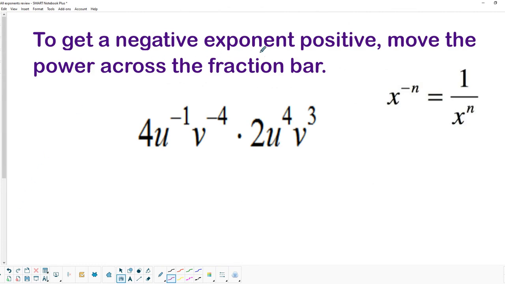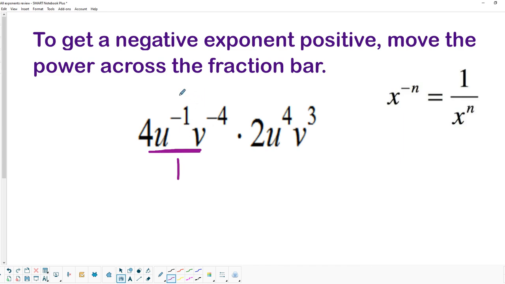So let's try it. Let's get a negative exponent positive, by moving the power across the fraction bar. So if we notice, we've got this particular expression here, and these two are negative. So if we look at this whole thing, we think of this as 4u to the negative 1, v to the negative 4 over 1.